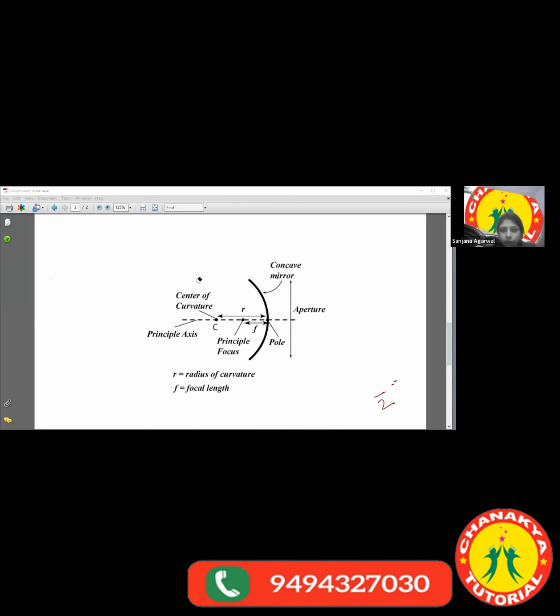Now let's draw convex mirror. If you try to draw by your own, that will be great. For convex mirror, we have to imagine a spherical ball where the inner side is all painted and the bulging outer surface is reflecting.